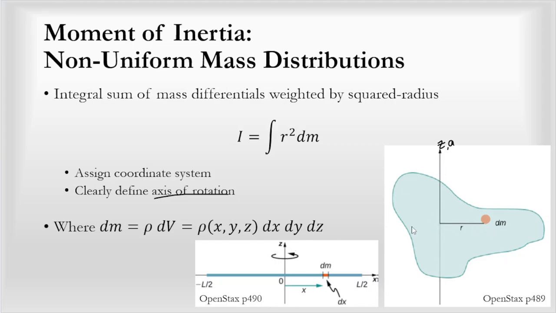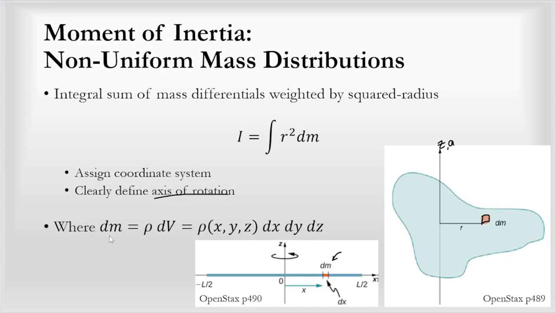In my little bar down here, another one I grabbed from OpenStax's University Physics Volume 1, the z-axis is clearly defined here. And here is a dm, a little differential. So the radius in this situation, instead of being more like a volume integral, this is just a linear integral.